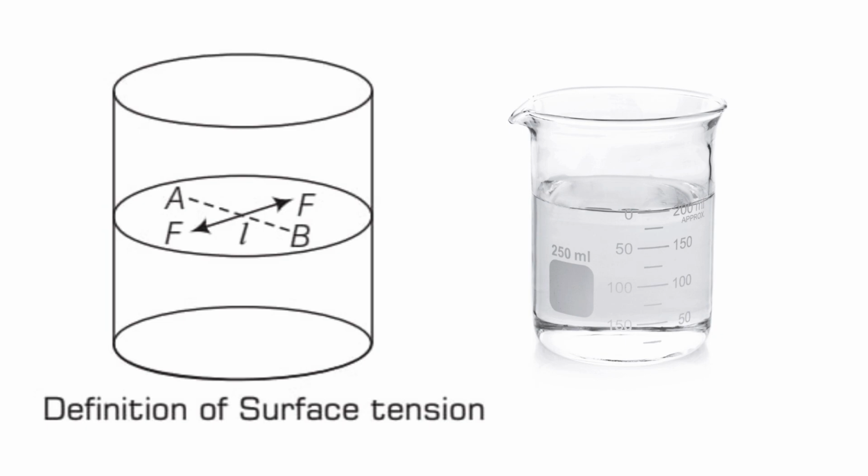So this is the force acting on the entire top surface of the liquid, in this case water. This is not to be confused with the intermolecular distance. It is nothing but the force acting along the line on the surface.